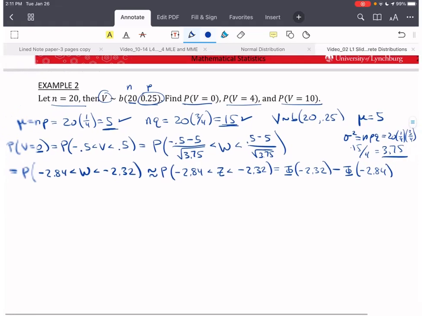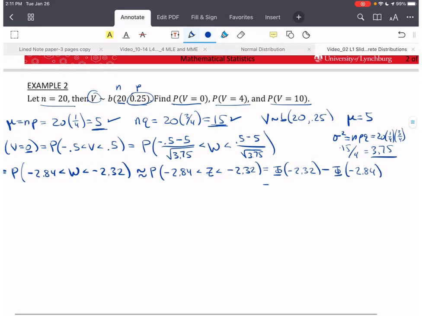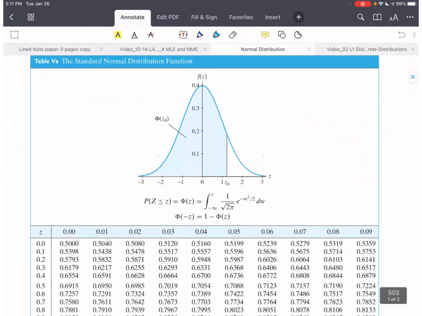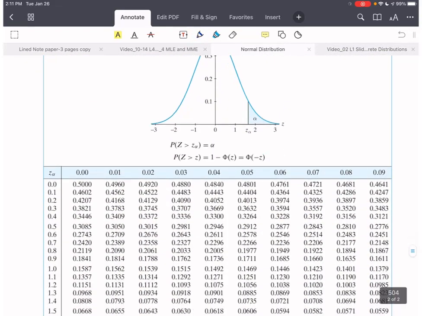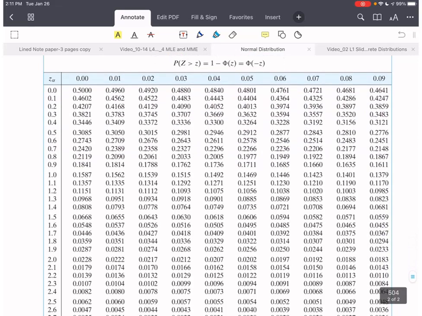Now we need to look those up in our normal table. They're negative, so we'll go to the second table. Remember, this is just like looking up the phi of the negative.